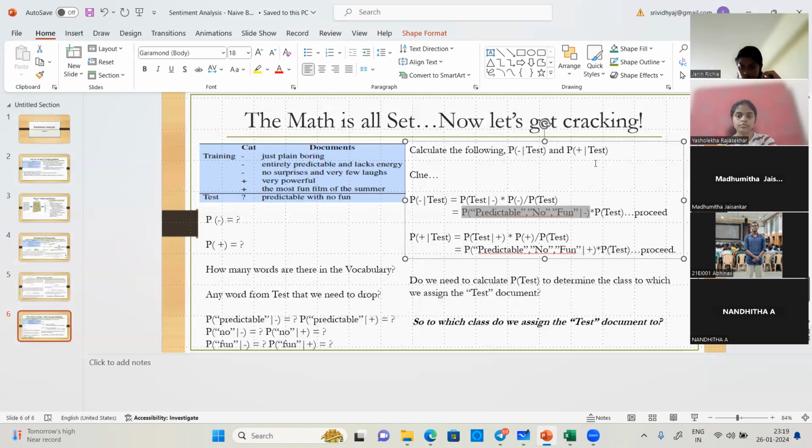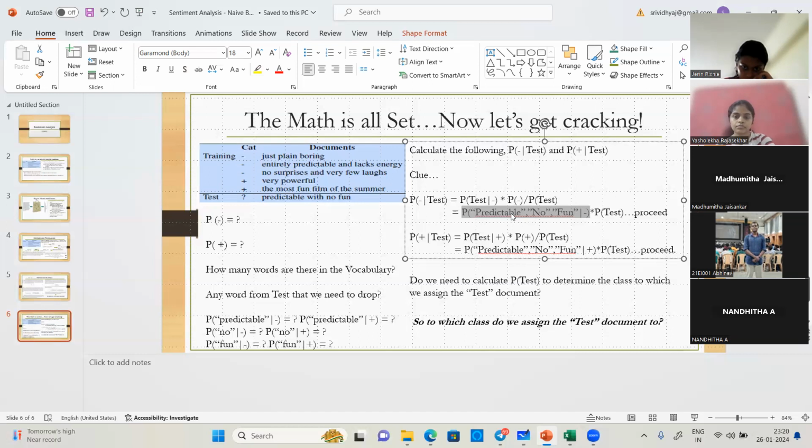If I say this is conditionally independent of this class. These are features F1, F2, F3. And this, of course, the negative class. I'm saying these features are conditionally independent of the negative class.